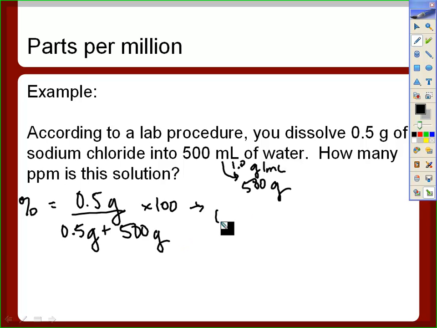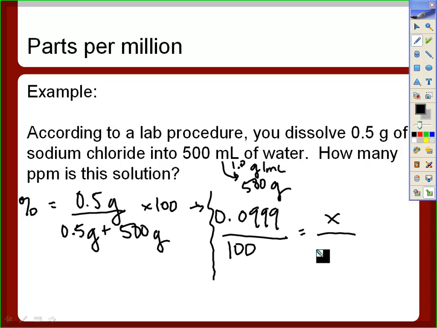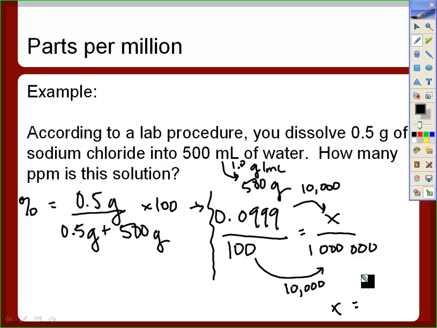My percent is 0.0999, or 0.0999 parts per 100, which is how many parts per 1 million? Remember, we're multiplying by 10,000, so we need to multiply this by 10,000. 0.0999 times 10,000 is equal to 999 parts per million.